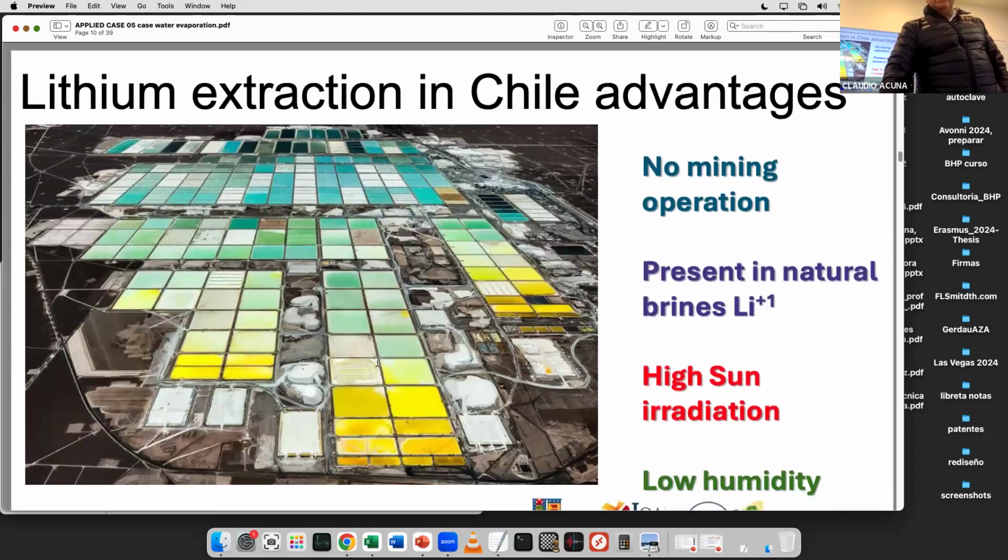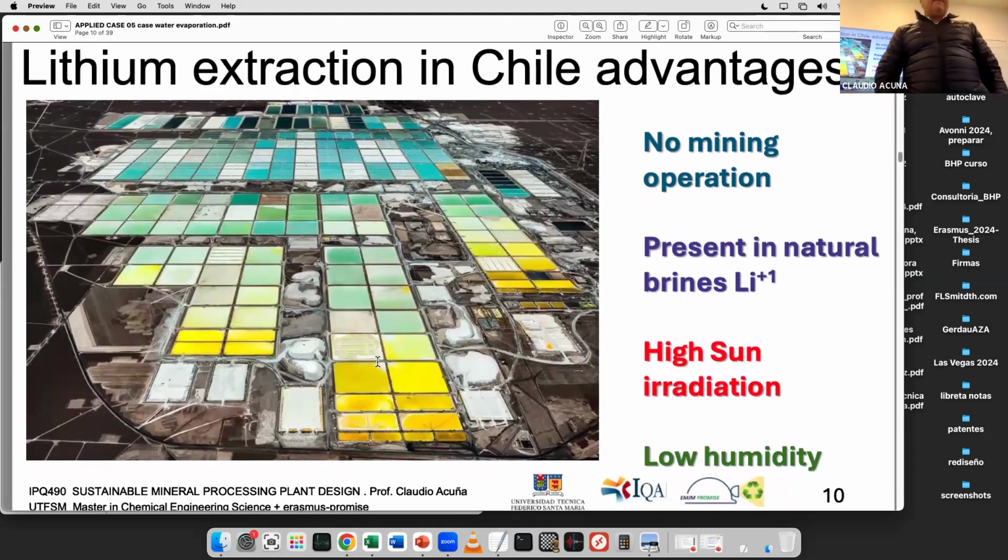Well, in our case, we have a great advantage. It's very good. God was very good with us. Long country, all the weathers. We don't need mining operation. We don't need to extract an ore. We don't need to process this ore. It's already in natural occurrence as a brine in a solution, which is good.